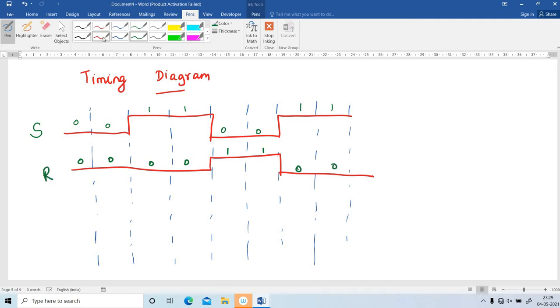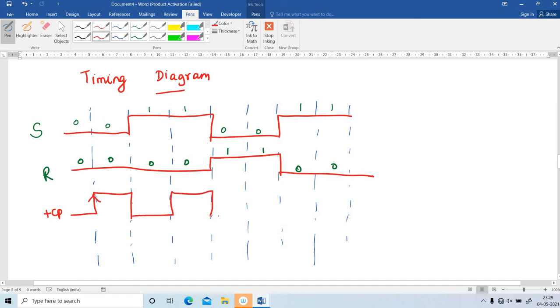After finishing this, you have to locate the clock pulse, positive clock pulse. So it is starting here. This is the positive clock pulse. Then you have to draw, continue like this.